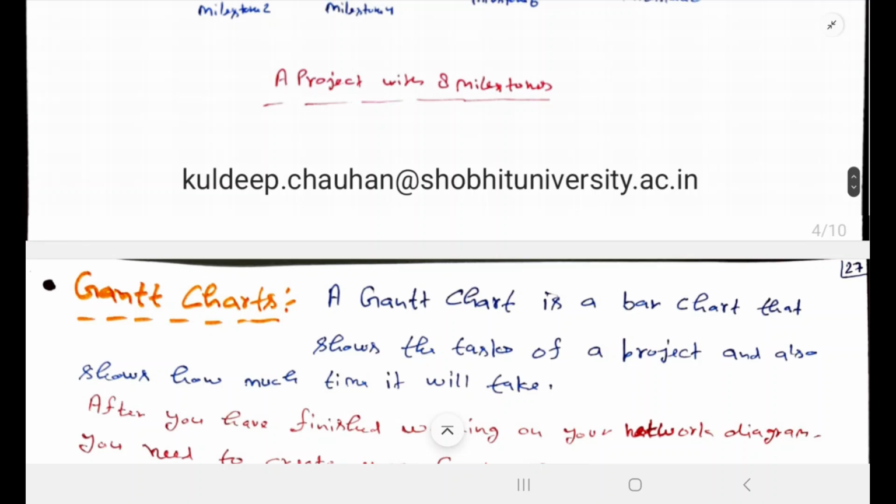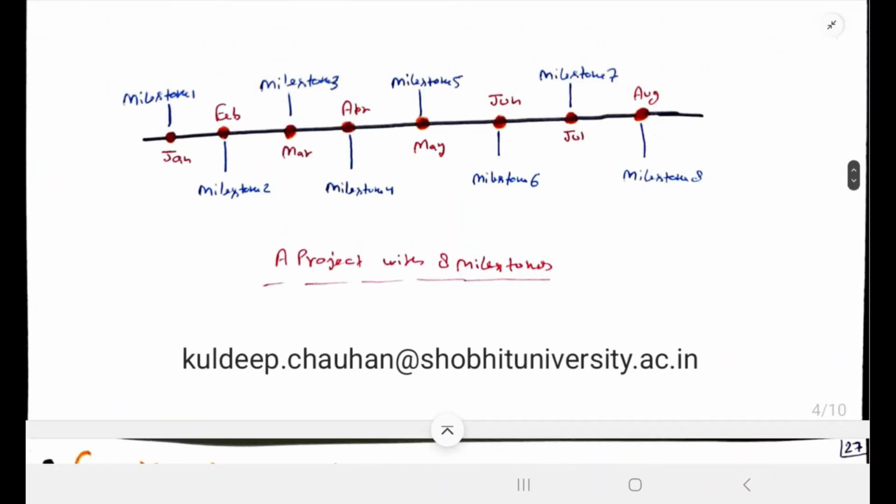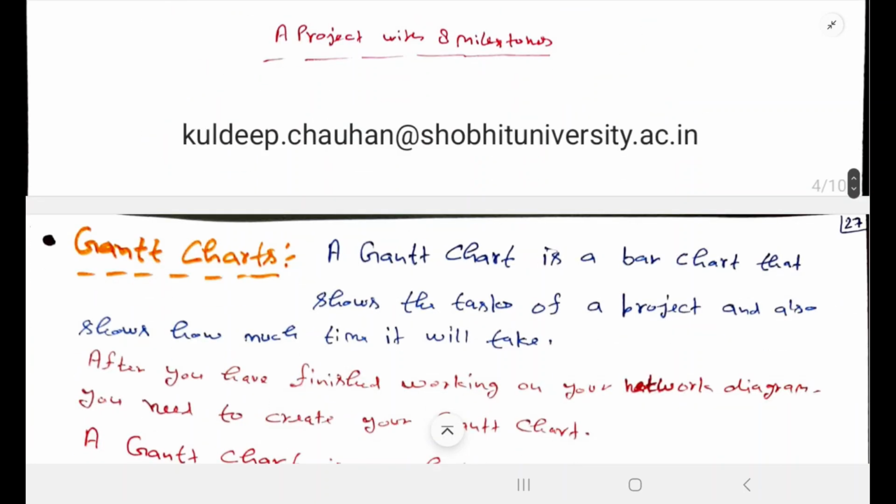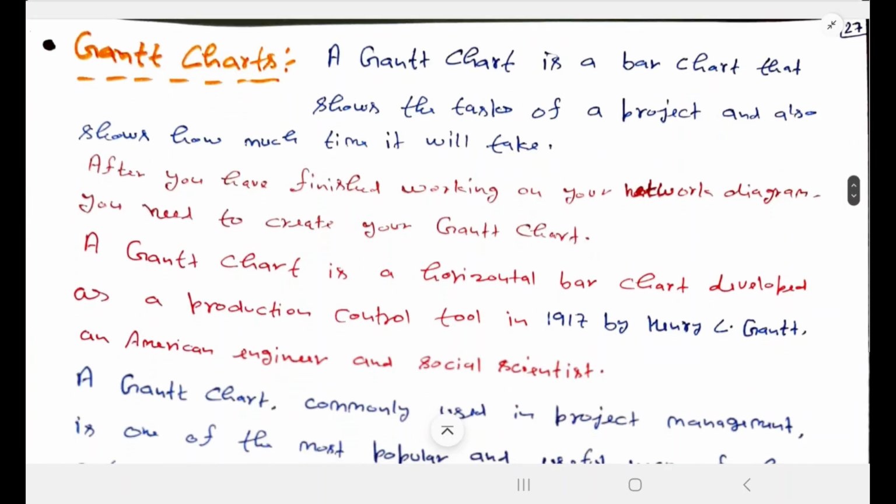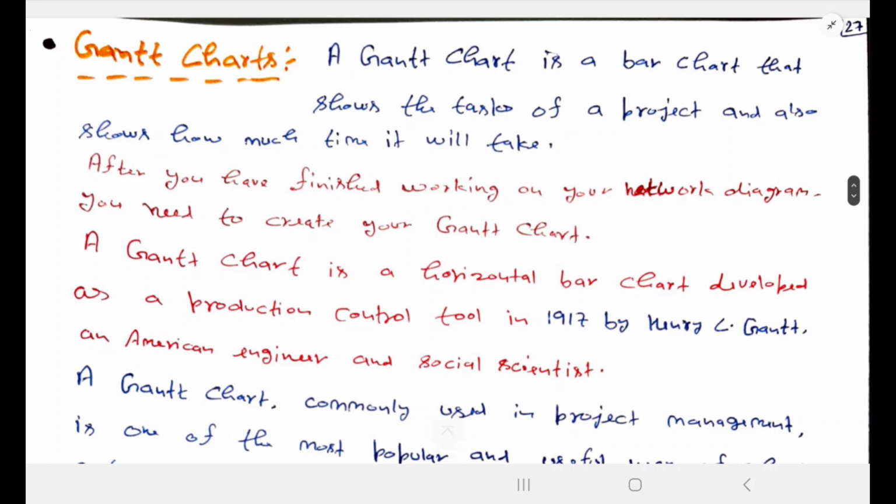As in the milestone chart we have decided a particular month, that is January, we have not decided the date. A Gantt chart can be prepared by dates, by months, quarterly, and yearly as well for big projects.